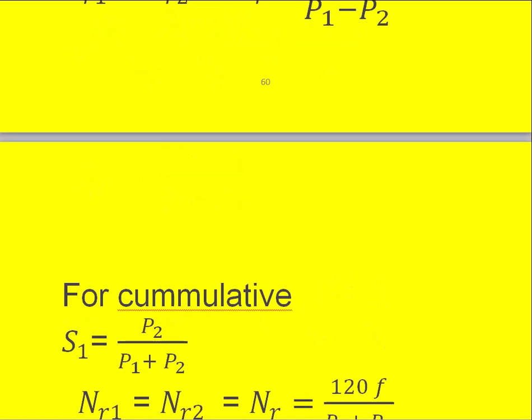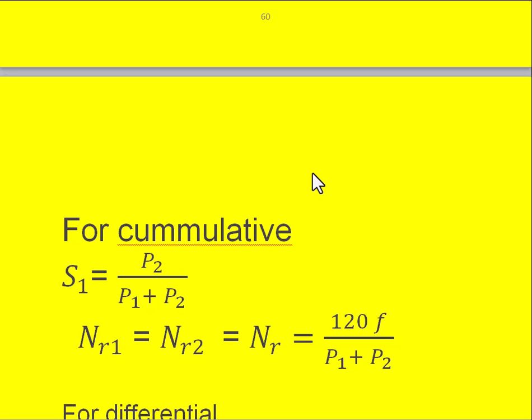So let me summarize once this cascade method of three-phase induction motor with two different pole connections. For the cumulative type, S1 will become P2 divided by P1 plus P2, whereas the common speed or shaft speed of both the machines will become 120F divided by P1 plus P2.